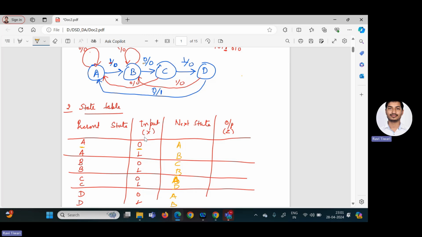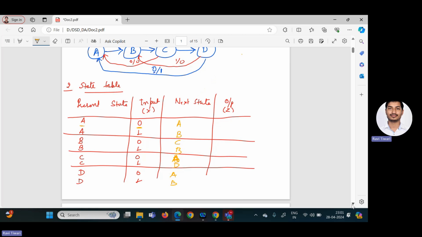Now, as you know, in digital design we cannot represent anything by alphabets. We have to always represent in terms of binary. So as we have 4 states, we require 2 bits to represent every state. So A is represented by 0 0, B is represented by 0 1, C is represented by 1 0, D is represented by 1 1.